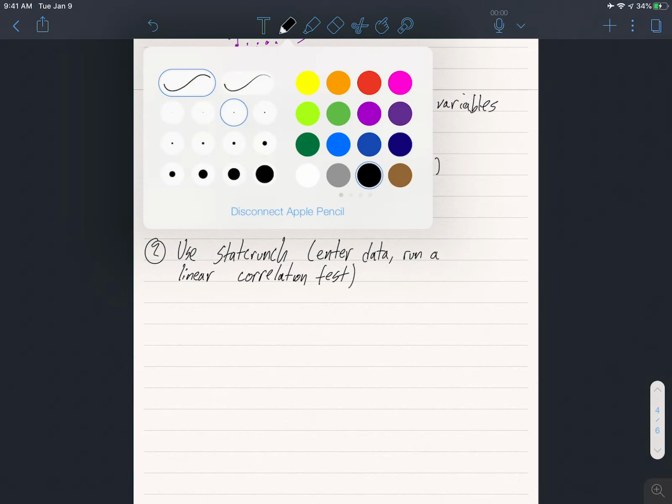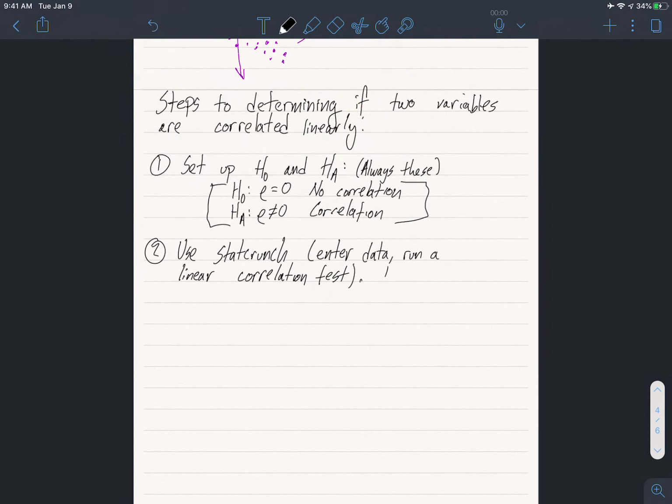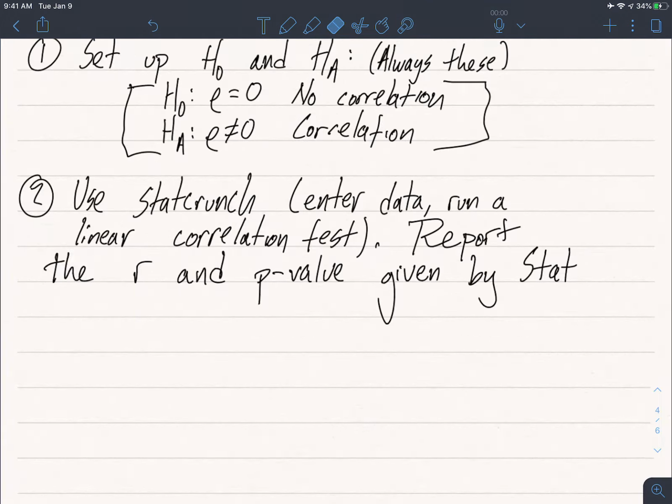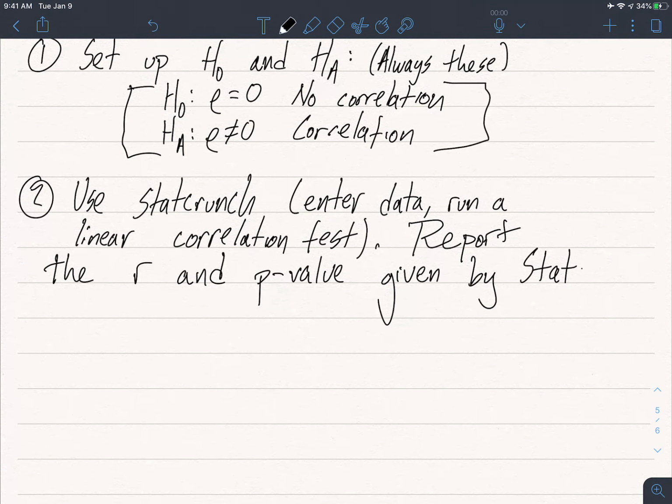But why do we need to use StatCrunch? Report the R and P value given by StatCrunch. So we need these two things.